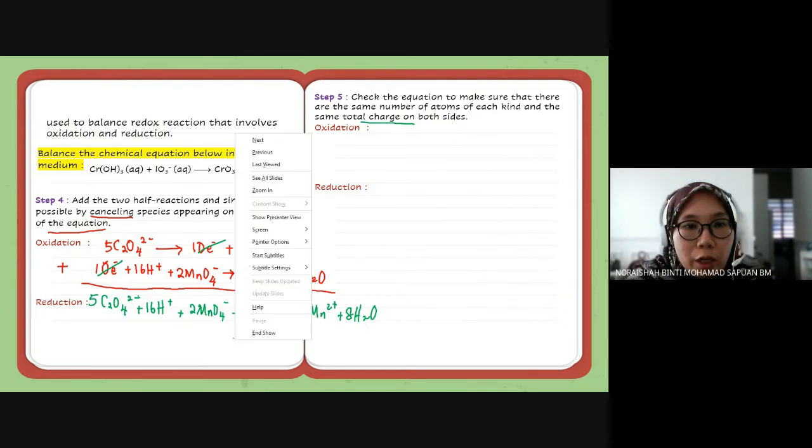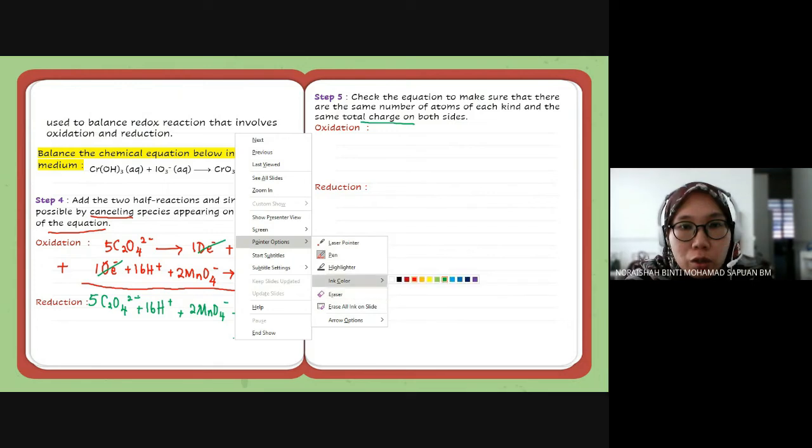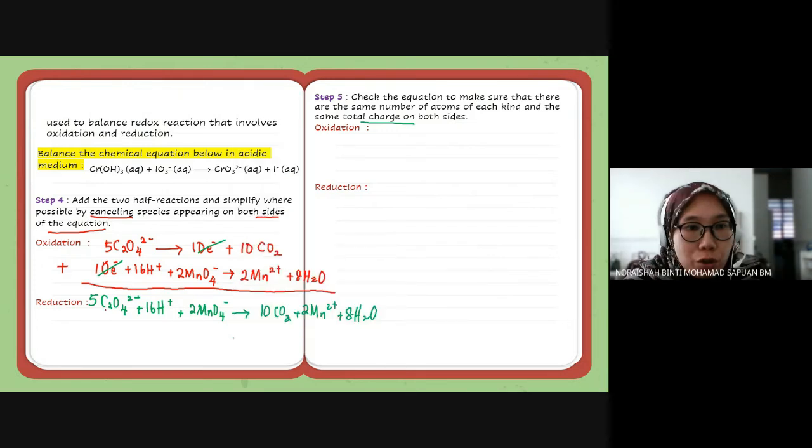So kita check dia punya charge pula. So yang ini 5 times -2 is -10. And then 16 times positive 1 is positive 16, and then 2 times negative 1 is negative 2. So kat sini kita nampak negatif 10 tambah 16 tolak dengan 2, bersamaan dengan positif 4.